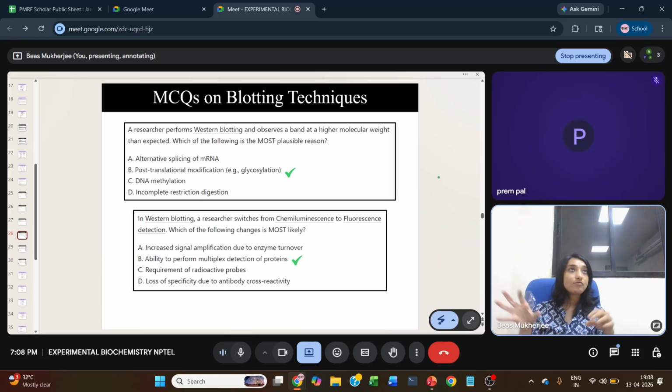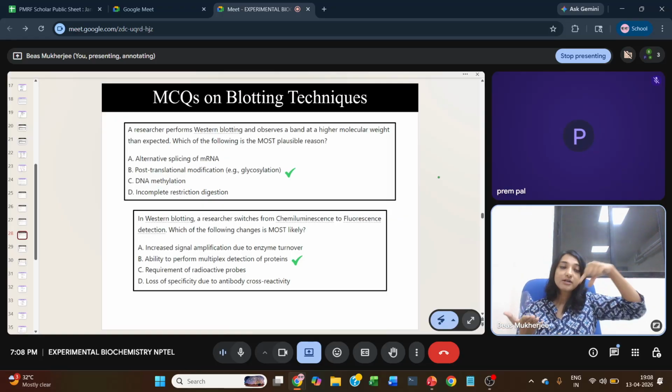Let's say one of the antibodies is bound to RFP, red fluorescent protein, and there is more than one fluorescent protein. With fluorescence detection, one of the conjugates gives you red fluorescence, another gives you green, another gives you, let's say, yellow fluorescence, YFP. Then you will be able to identify whether all three different proteins of interest are in the same sample or not.